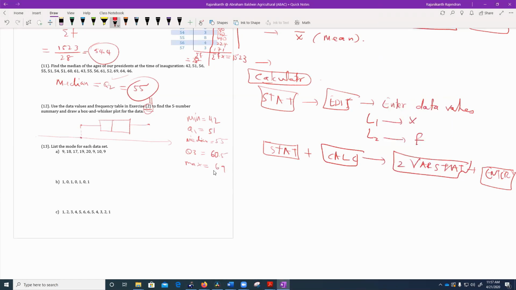So that means this is my minimum, Q1. Okay, so this is my box plot.